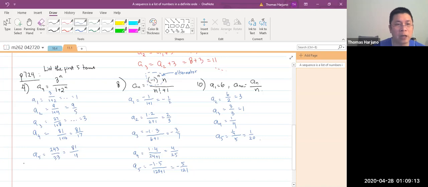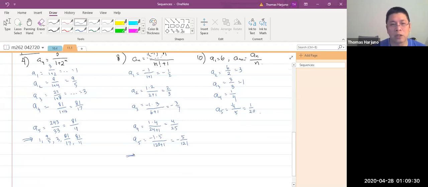So for number 4: 1, 9 over 5, 3, 81 over 17, 81 over 11. For number 8: negative 1/2, 2/3, negative 3/7, 4 over 25, negative 5 over 121. And the last one, number 10: 6, 3, 1, 1/4, 1/20.